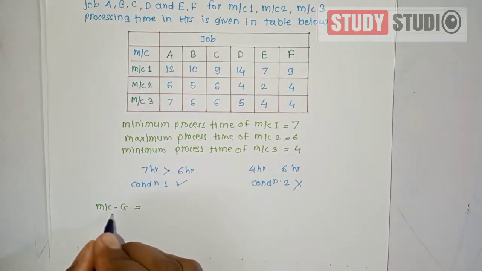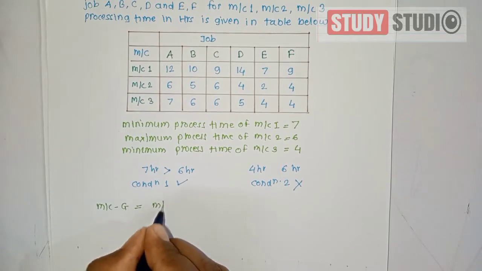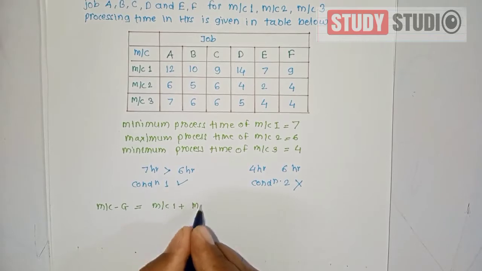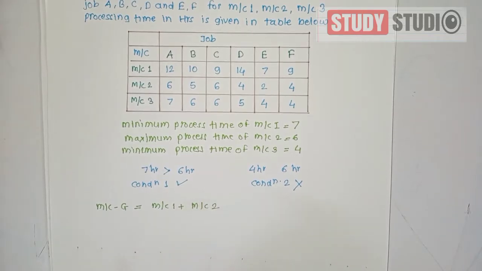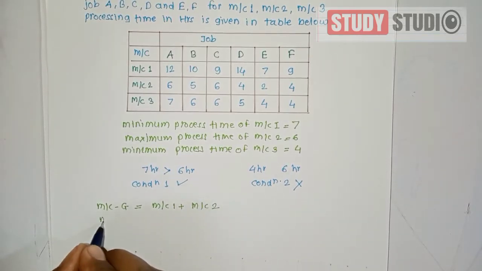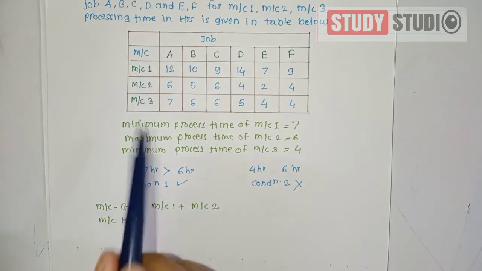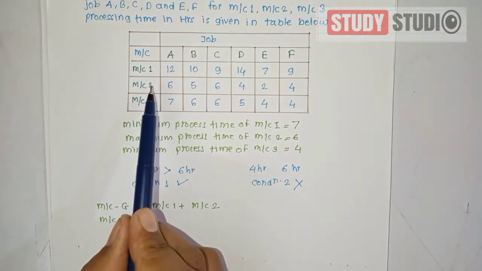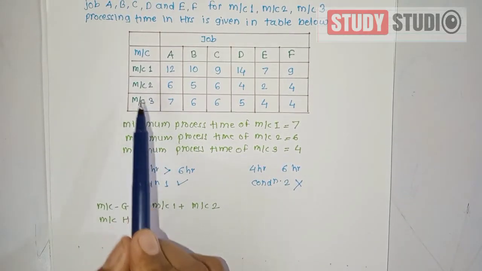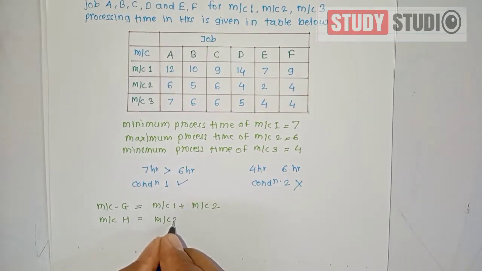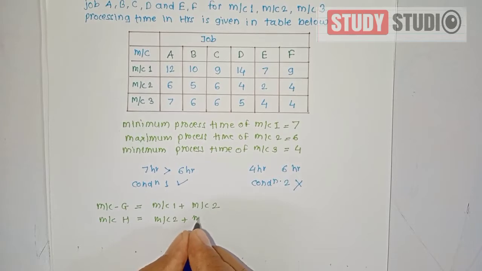So I'll write machine G is equal to machine 1 plus machine 2, and another machine, that is machine H. Machine H will be the combination of processing time of machine 2 and machine 3. So I'll write over here machine 2 plus machine 3.